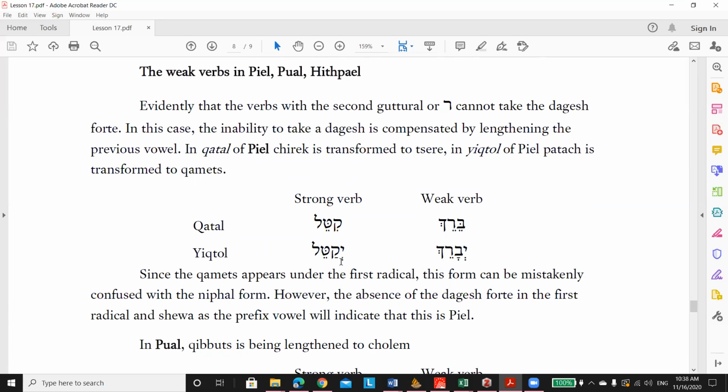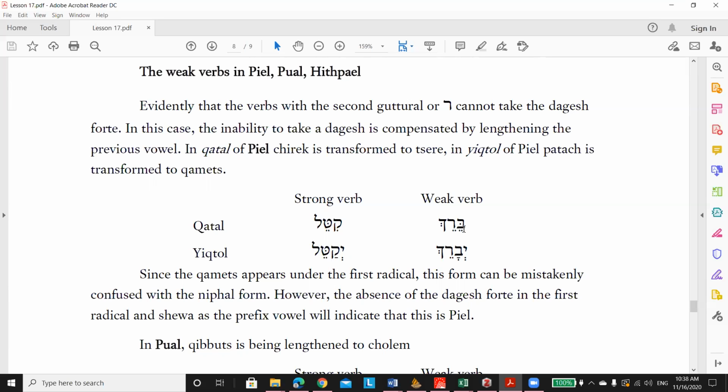And most usually they have compensating lengthening of the vowel. So let us look at the root barach. It should be rech, but resh cannot take dagesh.